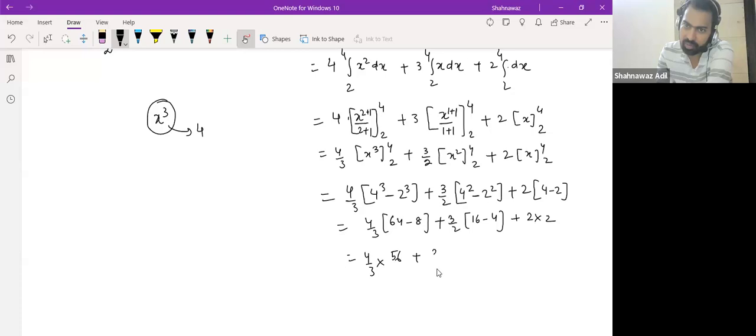Plus 3 by 2 into 12, which is 18, plus 4. So I guess this would be 78. Okay, this is the integral, right?